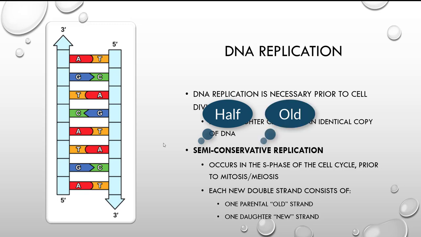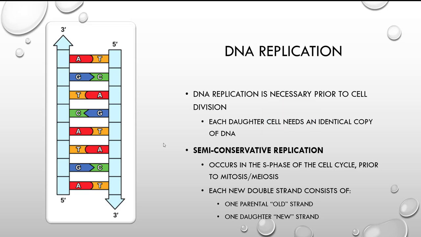At the end of replication, we have two copies, and each double helix contains one old strand and one new strand. So you have one of the old strands attached, which is the conservative part, and one of the new strands. We'll go through that process.